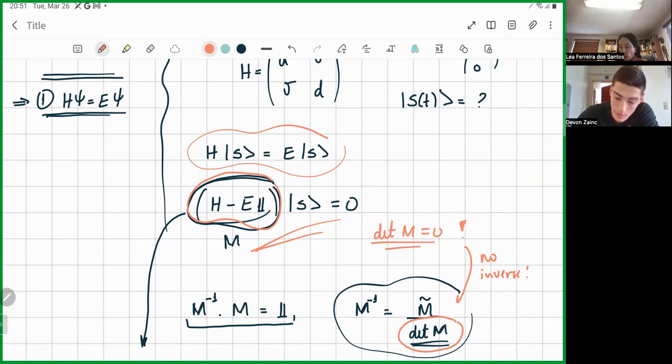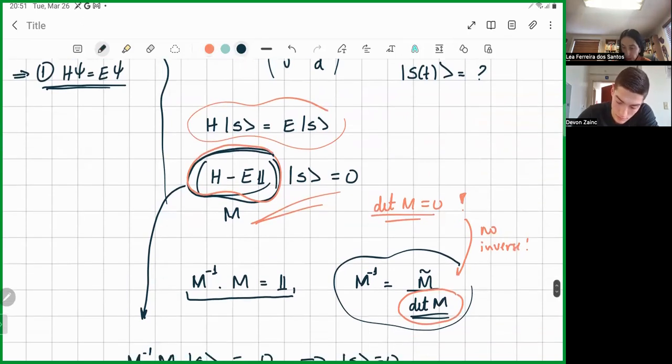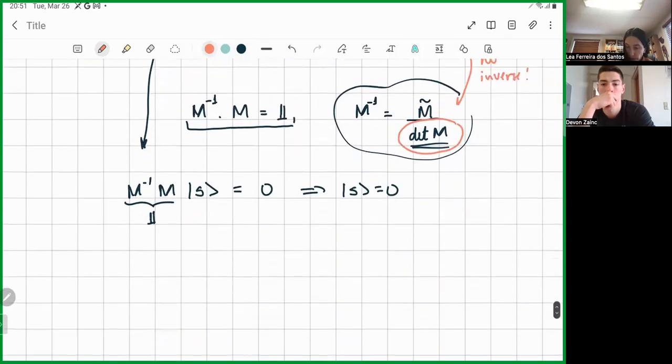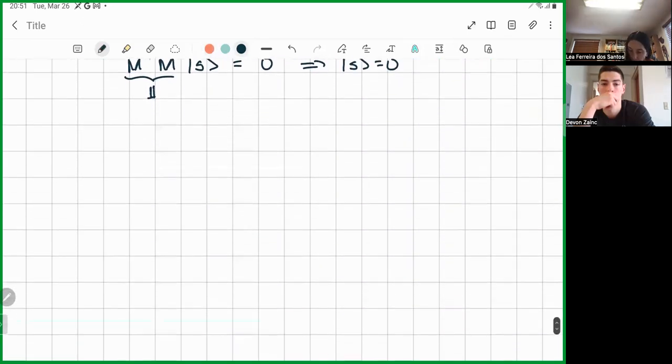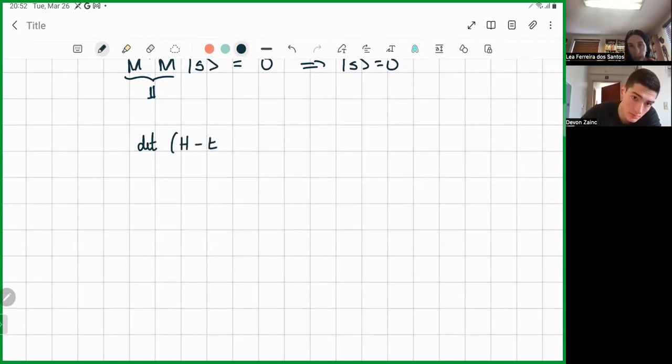All that at the end boils down to the following. I have to guarantee that the determinant of this matrix, which is the Hamiltonian minus the eigenvalues that I want to find, is 0.